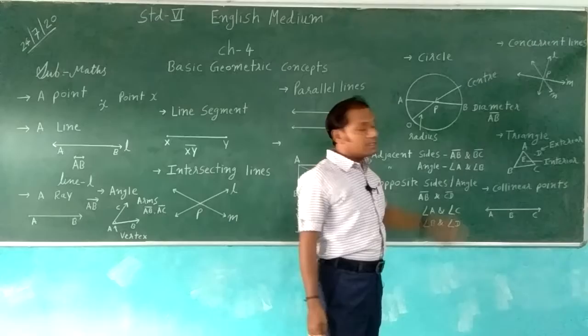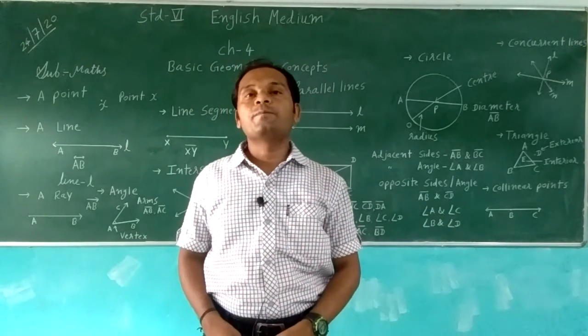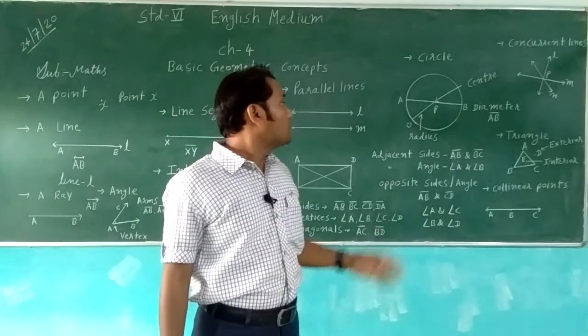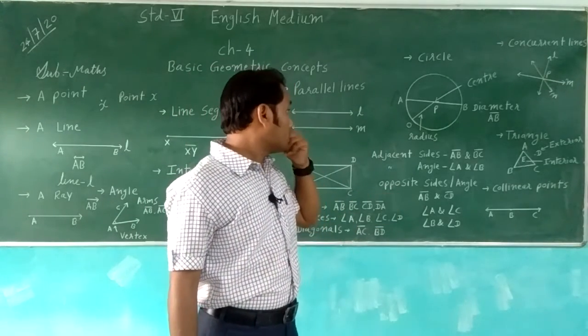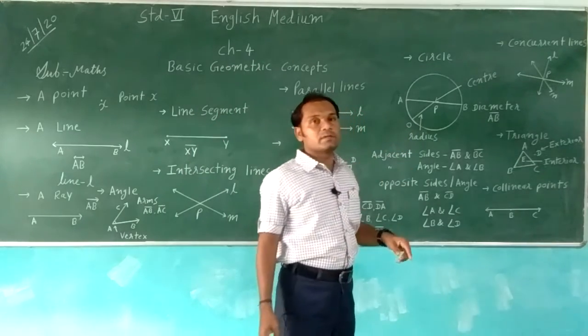If any line passes through the center of the circle and has two endpoints on the circle boundary, it is called a diameter. Okay, so these are the radius and diameter.